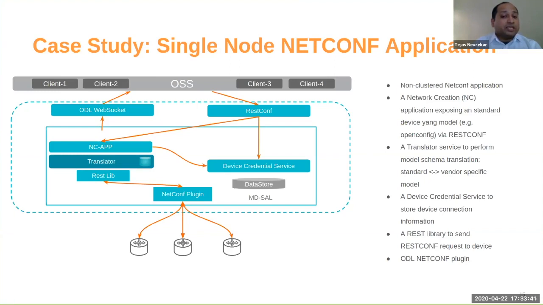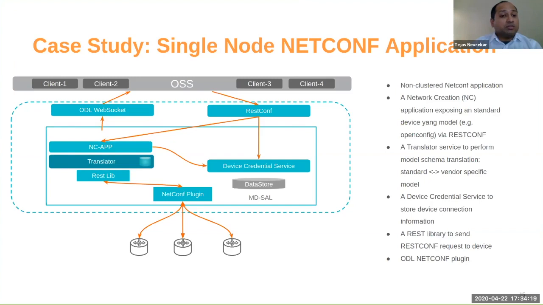It also has basic services like the device credentials, to store the credentials for connecting to the devices. As we deploy this application, as we grow the number of yangs that we have to deploy for a different set of devices, we notice that we have to keep adding more and more heap for such applications, because as you add more number of diverse set of devices, more number of device types, in current OpenDaylight, you have to bear the cost of all those schema trees loaded in memory.